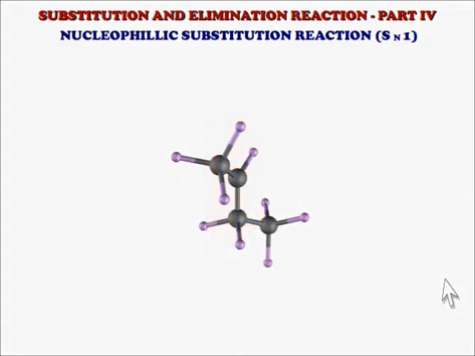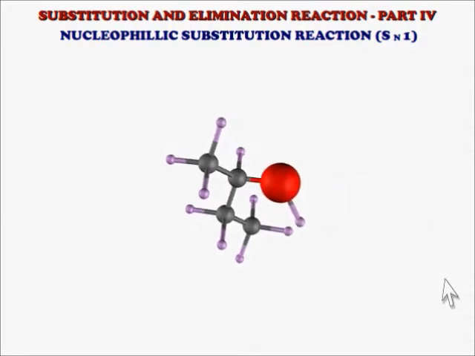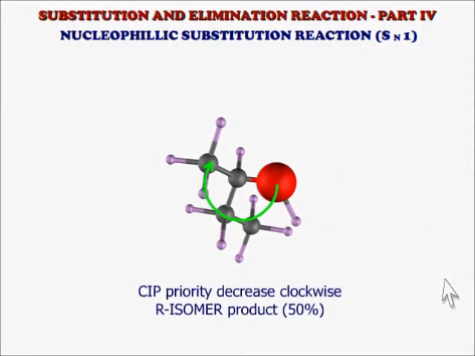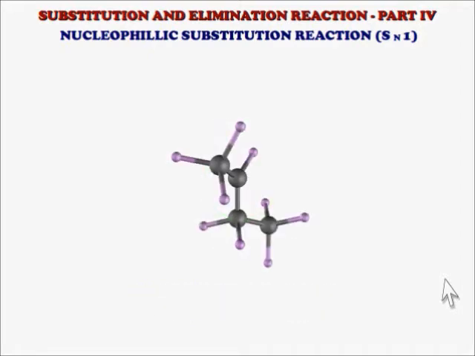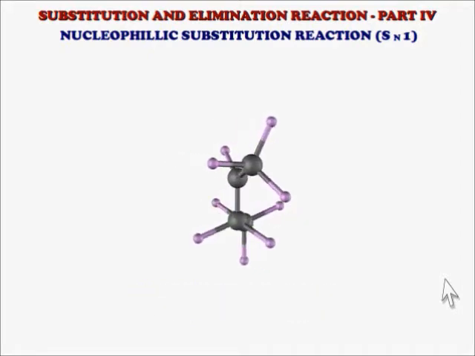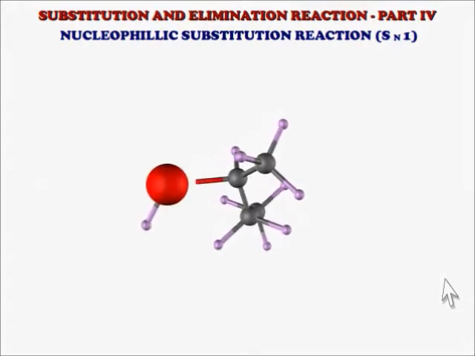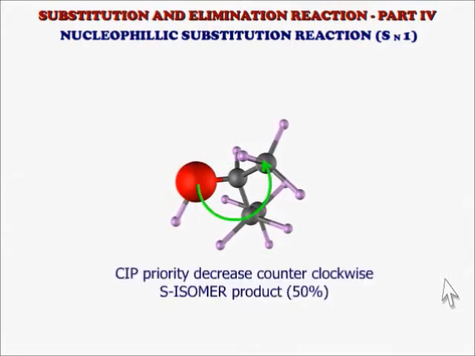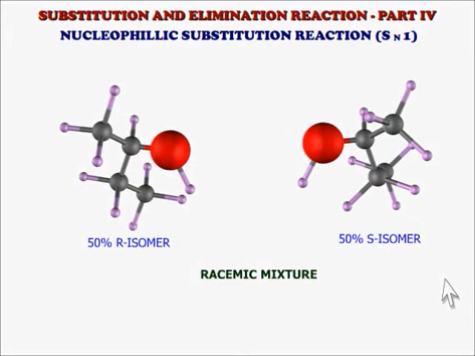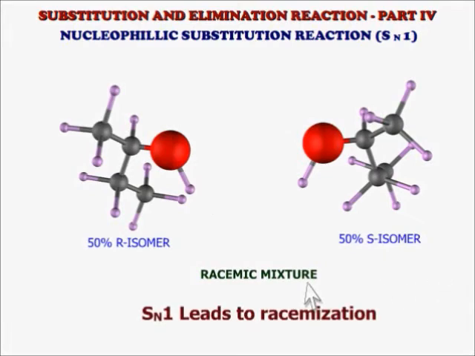The nucleophile now may attack from either side. Then we get the product which will have 50% of the R isomer and 50% of the S isomer and is called a racemic mixture. Thus, SN1 leads to racemization.